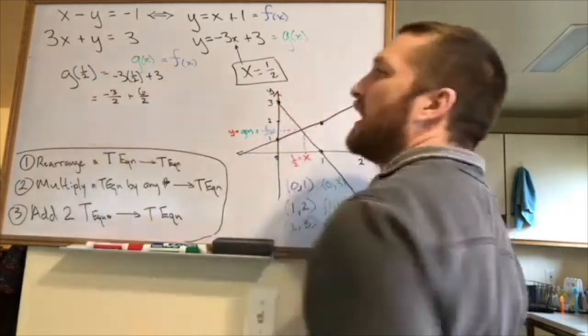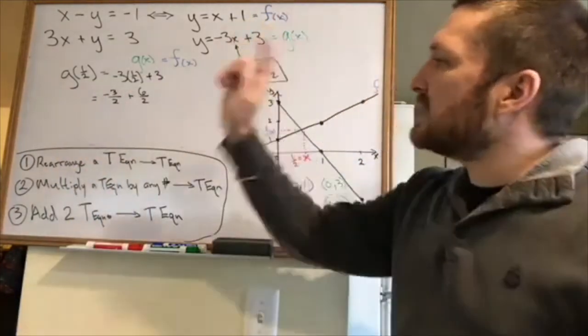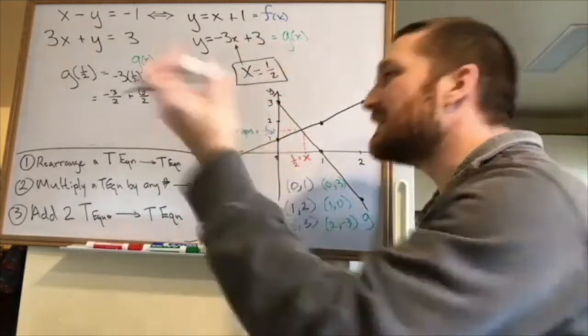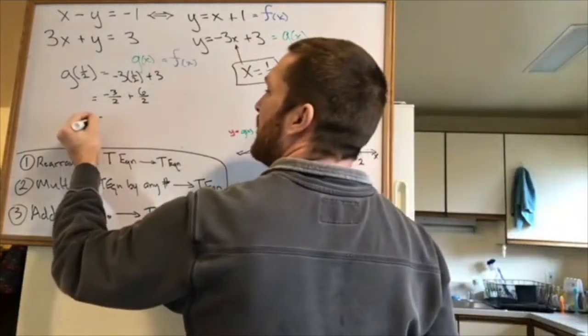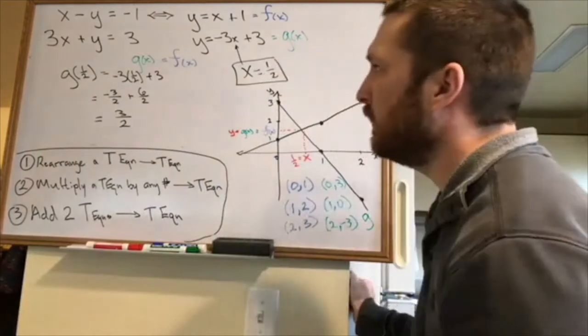I want that common denominator there, so I just rewrote 3 as 6/2. Now I have 6 halves minus 3 halves. 6 apples minus 3 apples is 3 apples. And so we have positive 3 halves. Okay.